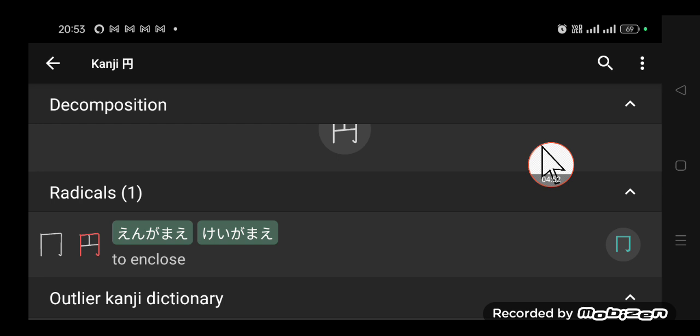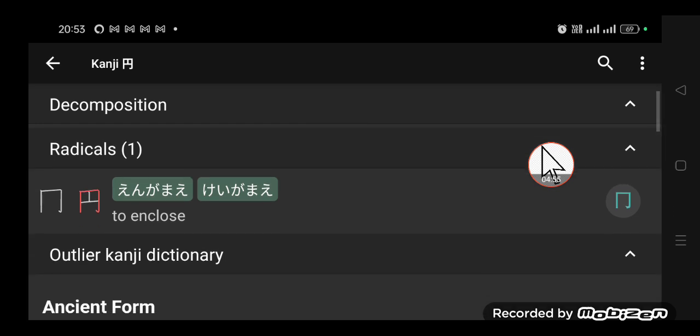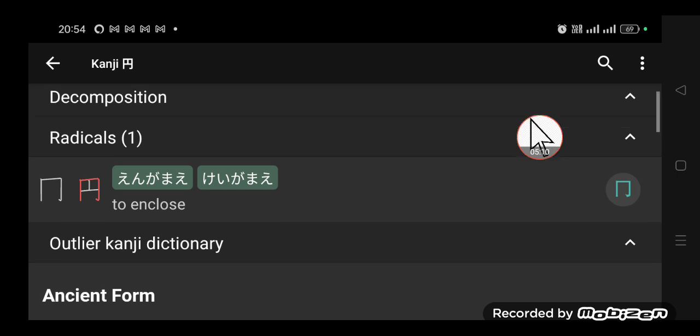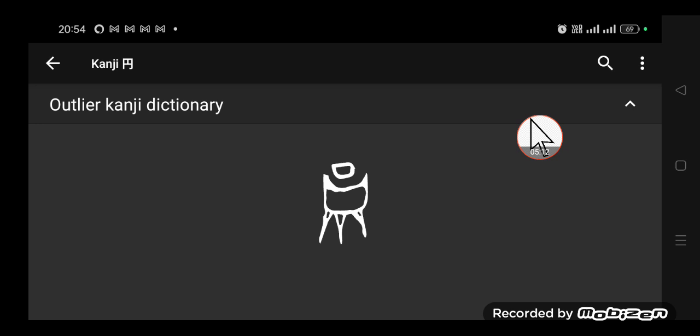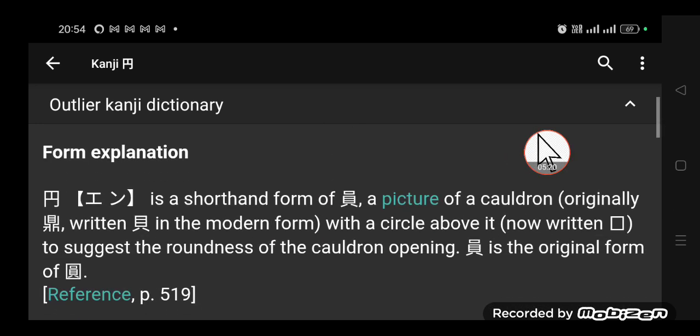Okay, so we have here our subject kanji, minasan. The only radical here, indicated in red, is the gamae. The gamae here means encompassing and enclosing the whole character. Okay, so the ancient form is like here. This looks like a cauldron or cooking apparatus.